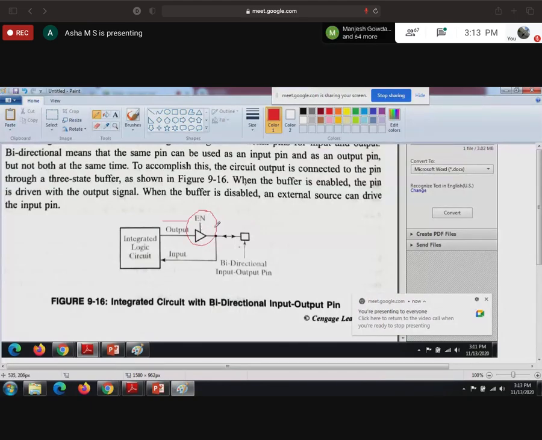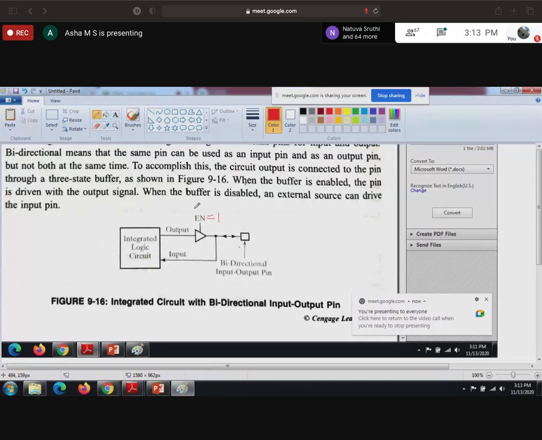So what will happen here is, when enable equal to 1, the output of the buffer carries the same value as the input. Correct, right?